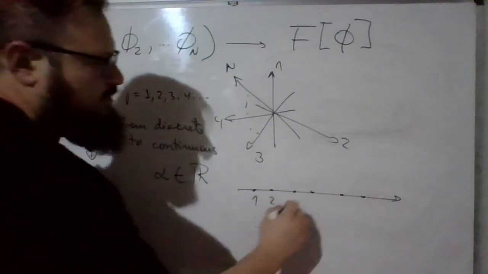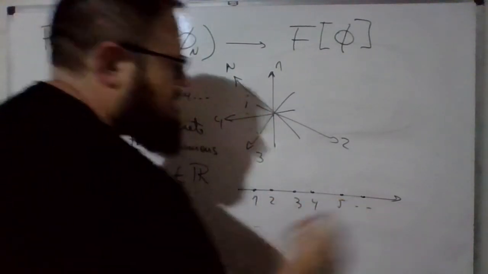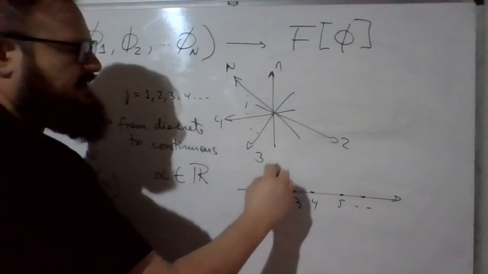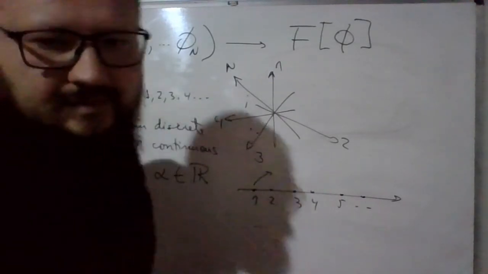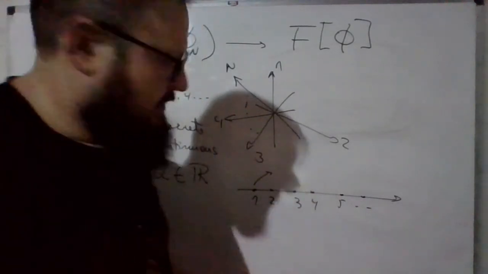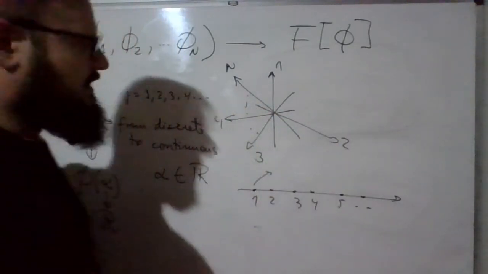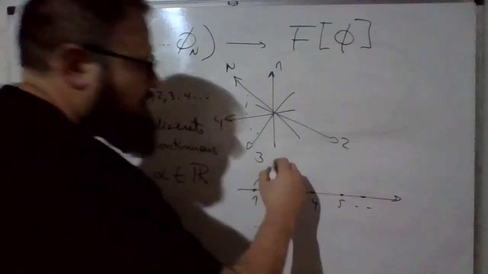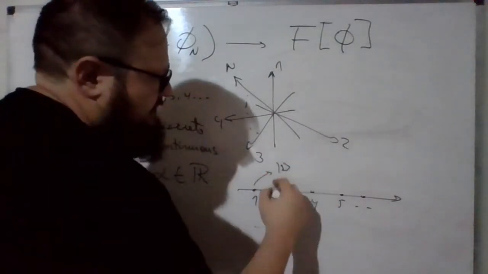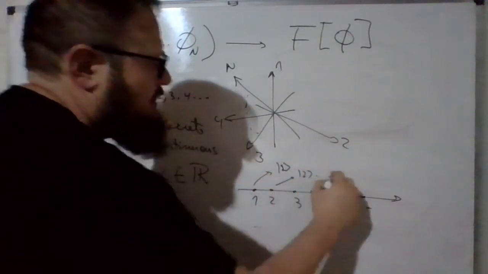Let me just use 1, 2, 3, 4, and so on, which I could represent as a vector, which would be orthogonal to any of the others. A vector 1 in a Hilbert space, for instance, a vector 2, and so on.